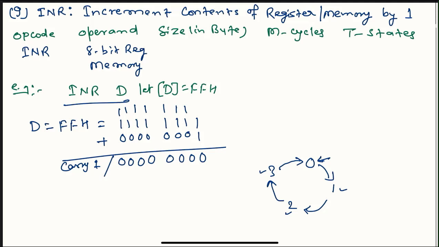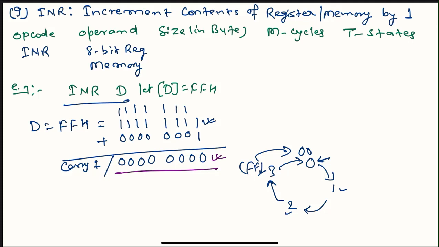In a similar fashion, for the 8-bit register, this is its highest value. If we add 1 to FF, it will go to 00 only. That is the reason the result obtained is 00.